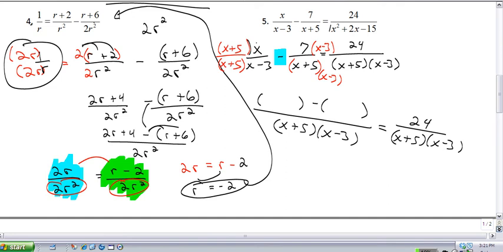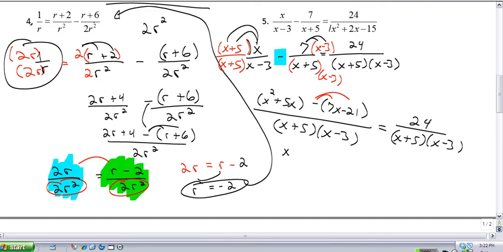So x times x plus 5 is x squared plus 5x. 7 times x minus 3 is 7x minus 21. Oh, come on, computer. Minus 21. So this is why the parentheses are important, right? So you're going to distribute that in.